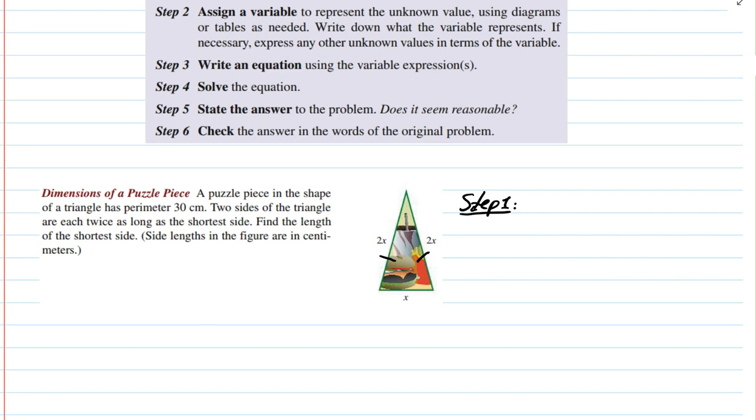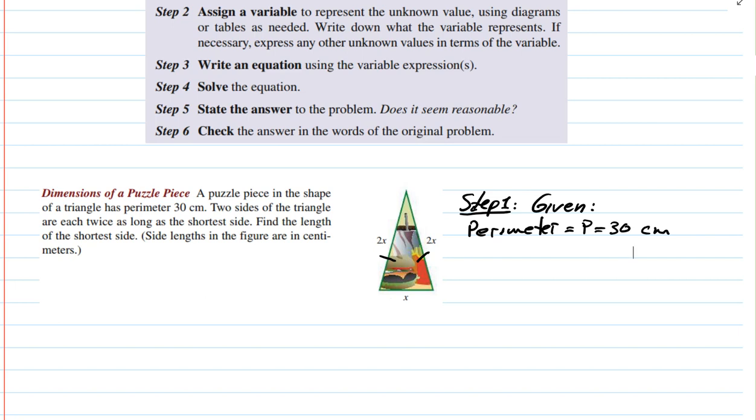Step 1. Let's see what is given here. It's simple. We're given the perimeter, which is the measure of how far around the shape we go. That's given. Perimeter, call it P, equals 30 centimeters. That's the only given part.